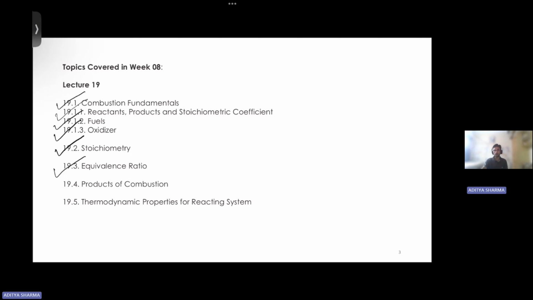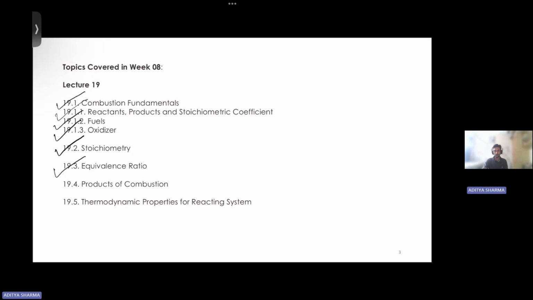Then there is a discussion on products of combustion. It's a very brief discussion where we see the different products that we get after a chemical reaction.